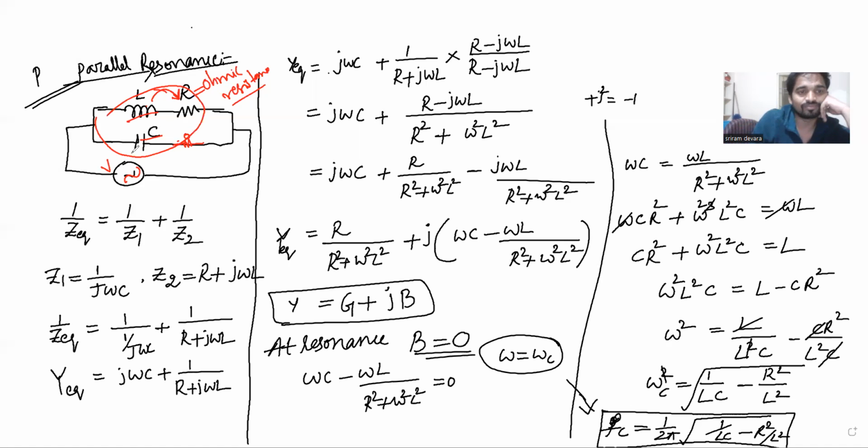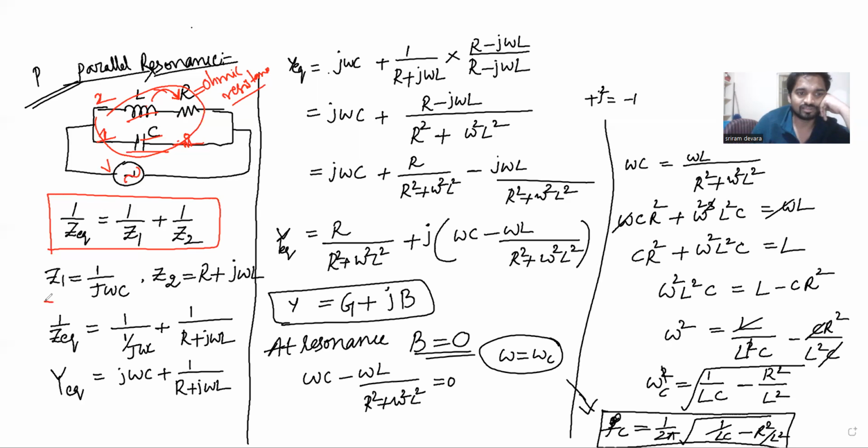For this parallel circuit, first of all we have to calculate the equivalent impedance. You know that when two impedances are connected in parallel, this is branch 1 and this is branch 2.